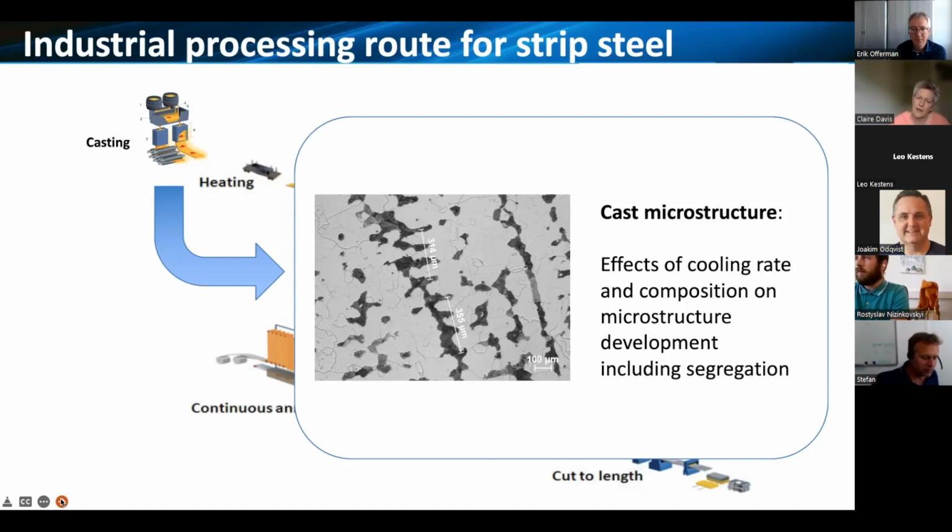So here we have an example of an as-cast slab microstructure, where the pearlite is showing the remnants of the as-cast microstructure through the dendritic solidification, because the carbon will be co-located with the interdendritic segregation behavior. And from this, we can also then get an idea of the scale of the inhomogeneity by looking at secondary dendrite arm spacings.